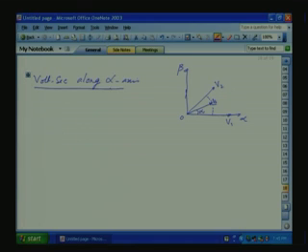V1 is switched for a period T1, V2 is switched for a period T2, and the 0 vector for T0. So the volt second along the alpha axis is equal to V1 into T1. When V2 is switched for T2 period, what is the volt second along the alpha axis?